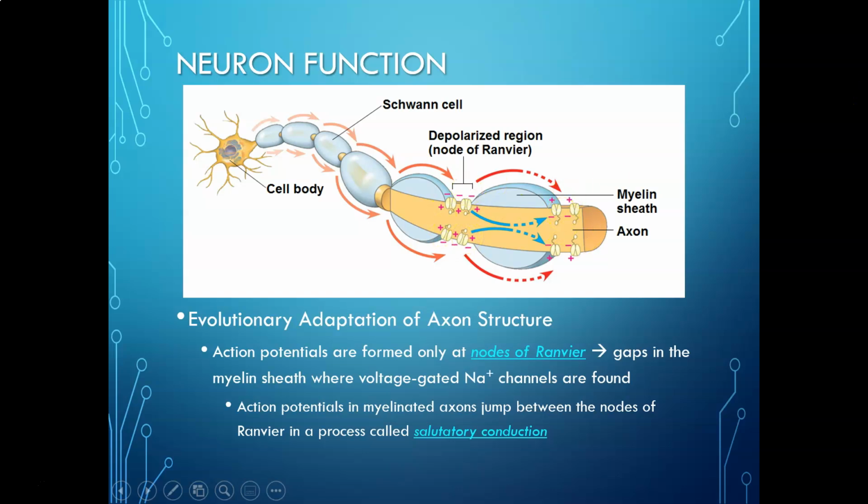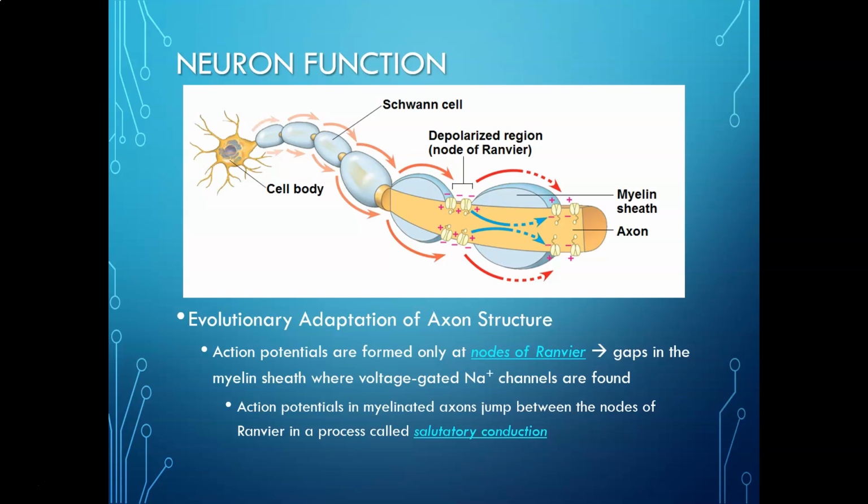It's sort of like taking incremental steps to get from your bed to your bedroom door as opposed to taking big leaps across your room. You're going to get to the door a lot faster if you take those big leaps across the floor as opposed to taking those tiny incremental steps.